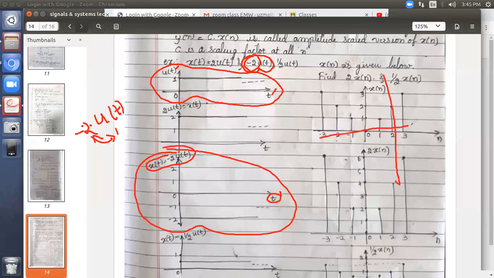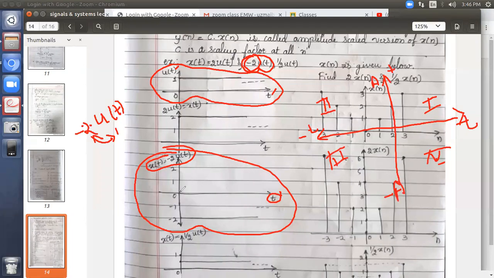If this is your quadrant system, this is your first quadrant, second, third, and fourth quadrant. Out of which, if this is your time t, the opposite axis, that is the left side, represents minus t. Similarly, if this is your positive amplitude, because you're marking the amplitudes here, this represents your negative amplitude.